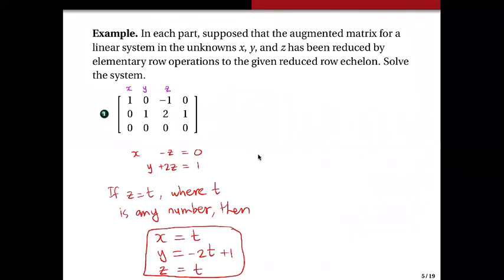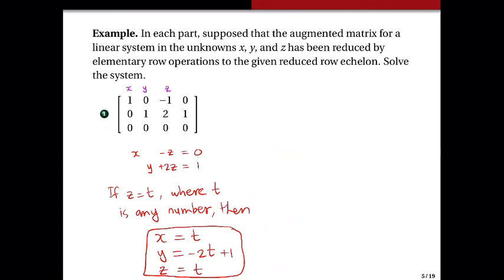So in this set of examples, what we actually did was to convert a reduced row echelon form to equations. And therefore, the reduced row echelon form helps us solve directly the solution to the linear system.